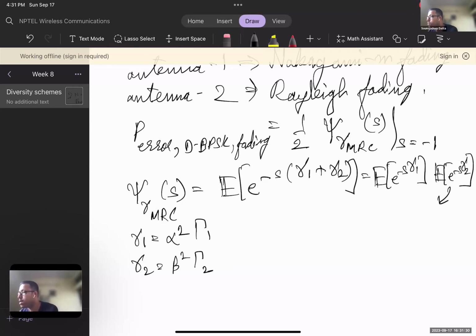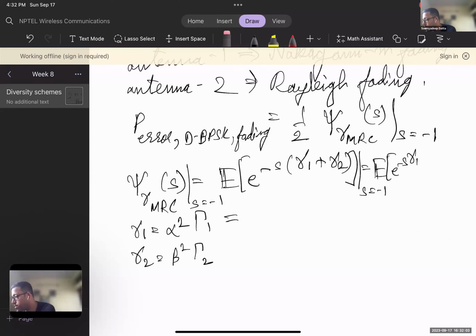So now for the second antenna, we already know that it is still Rayleigh. So for the second antenna, we can still write the same formula, which is 1 by 1 minus gamma 2 times s. So this stays the same. If I have to evaluate this at s equal to -1, this whole thing, just write it neatly.